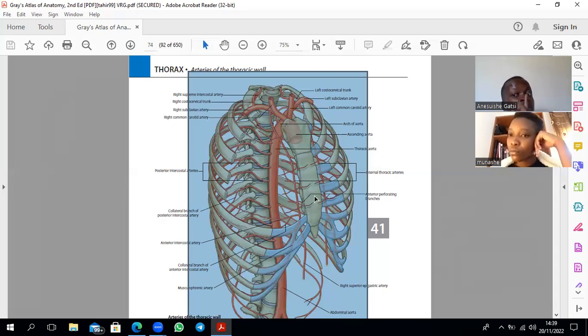The red ones have a dual blood supply, for example the liver, the brain. For the lung, it gets blood from the heart via the pulmonary circulation, and it also gets blood from the aorta via the bronchial circulation. So there's a right bronchial artery and a left bronchial artery.